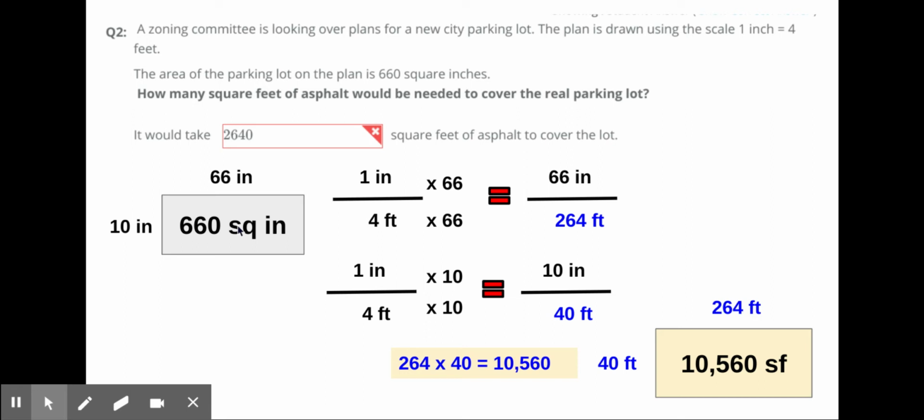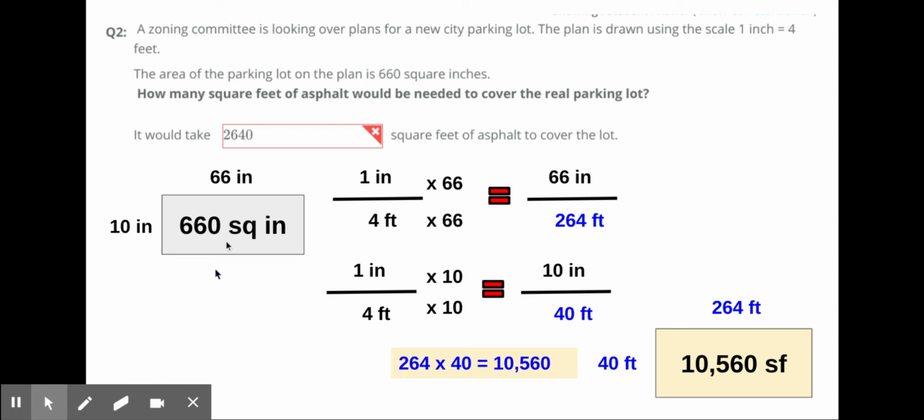To find area, you have to have a length and a width. Think of two numbers that multiplied together equal 660. I chose 10 times 66, but I could just as easily have chosen 2 times 330 and still gotten the correct answer. But I chose to go with the easiest route.